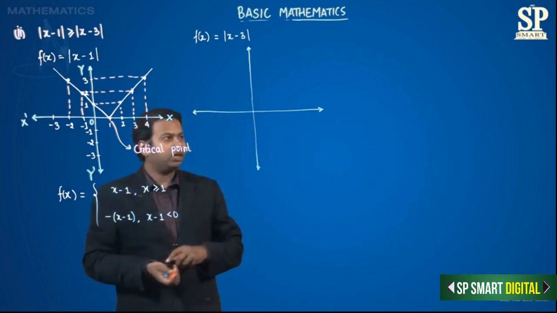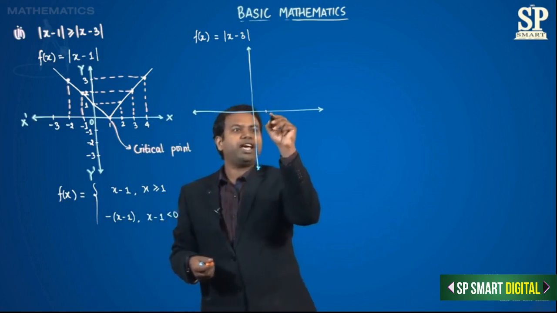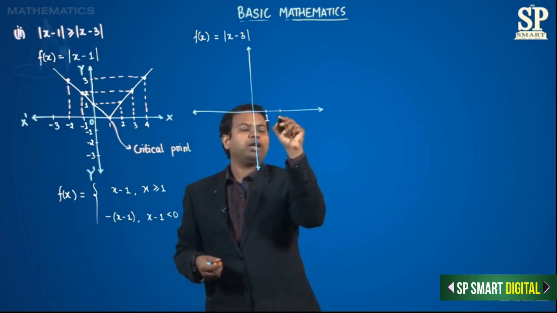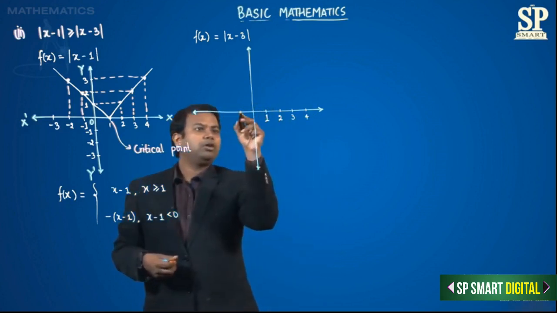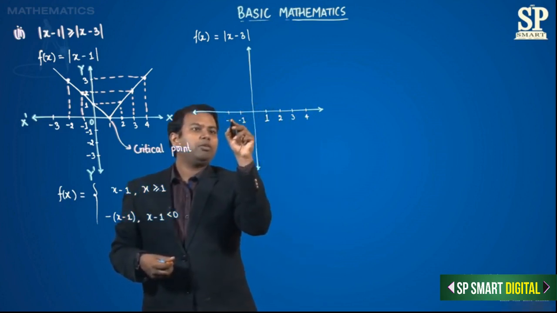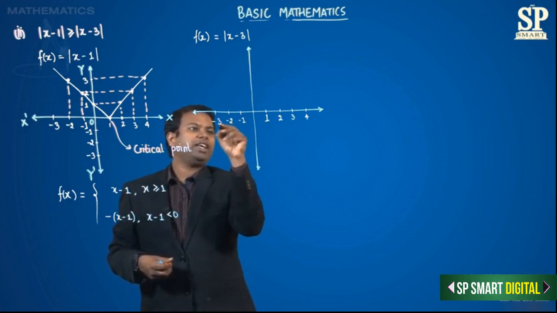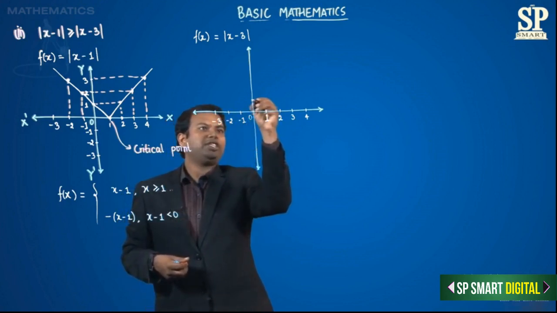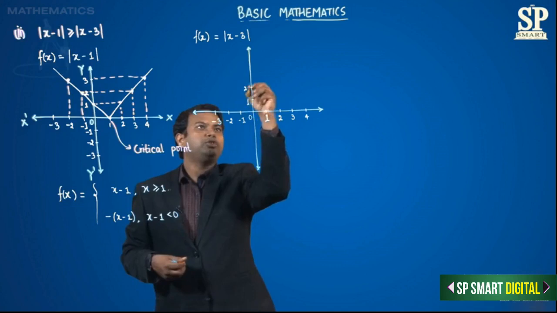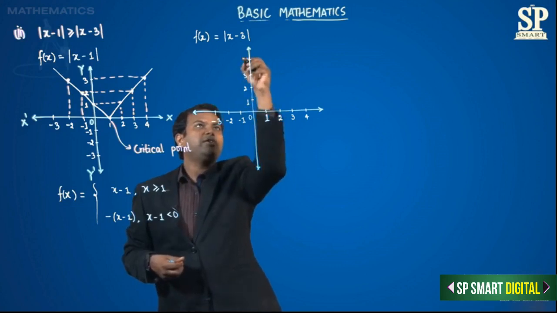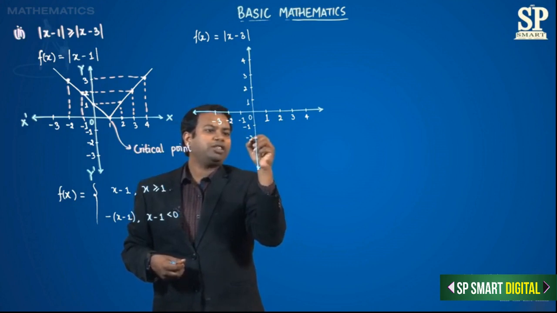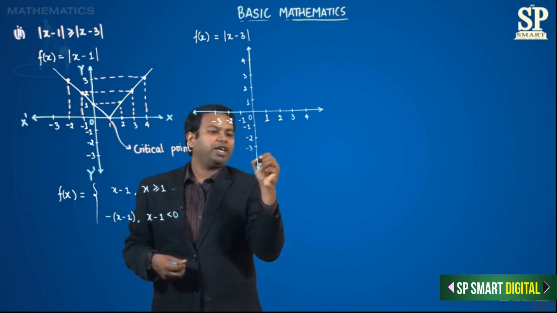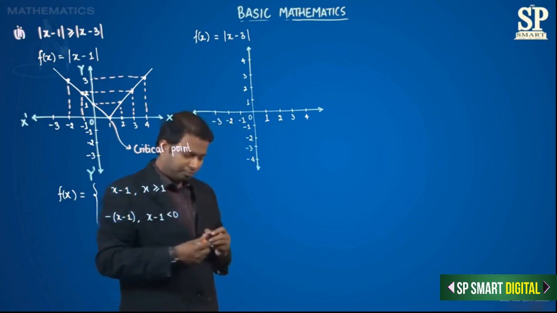So let me do the markings first on the x and y axis. 1, 2, 3, 4, minus 1, minus 2, minus 3. Here is our origin. 1, 2, 3, 4 and so on. Minus 1, minus 2, minus 3, minus 4 and so on.